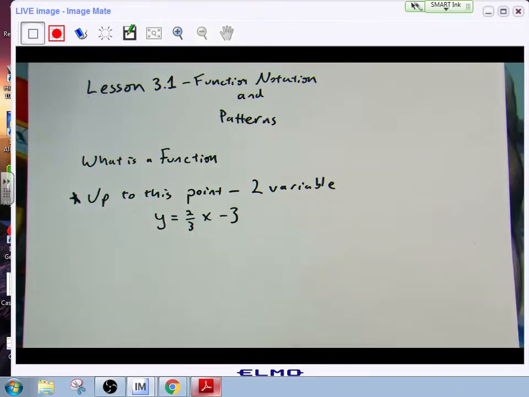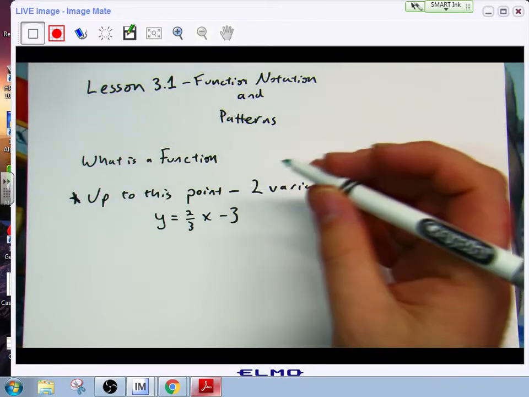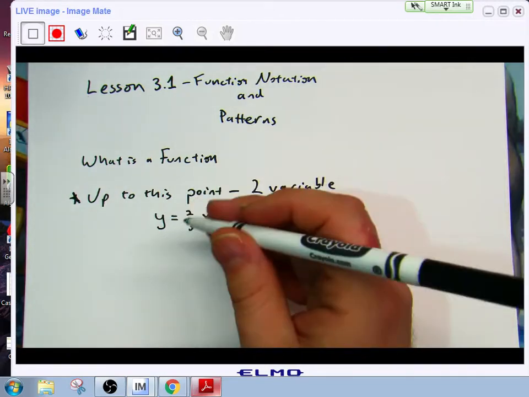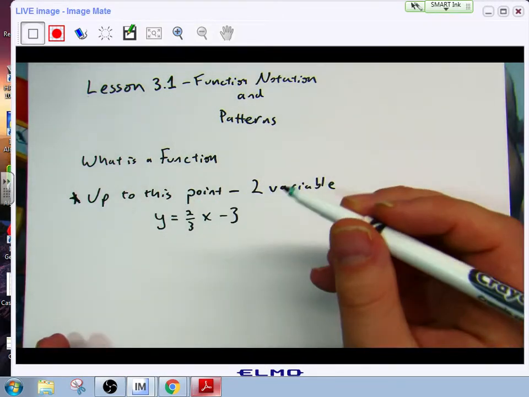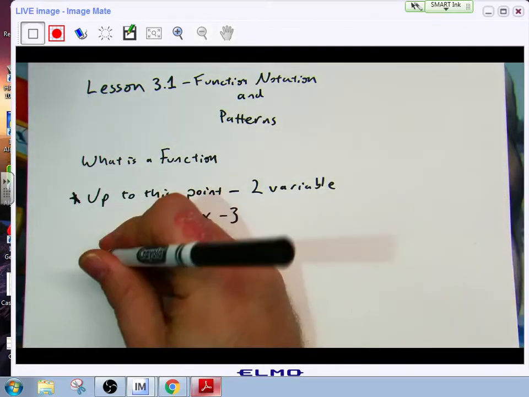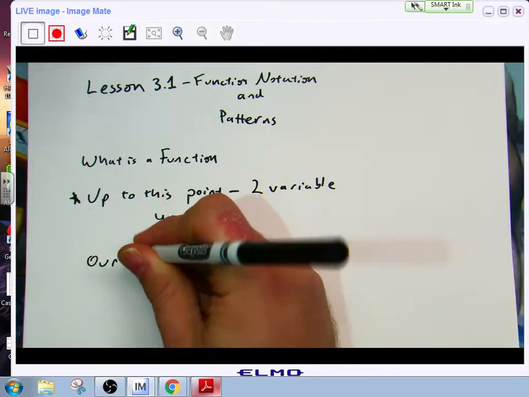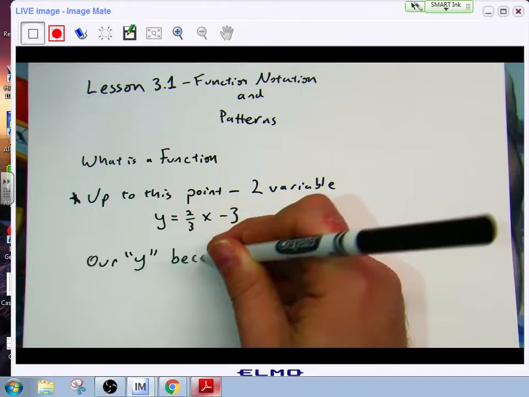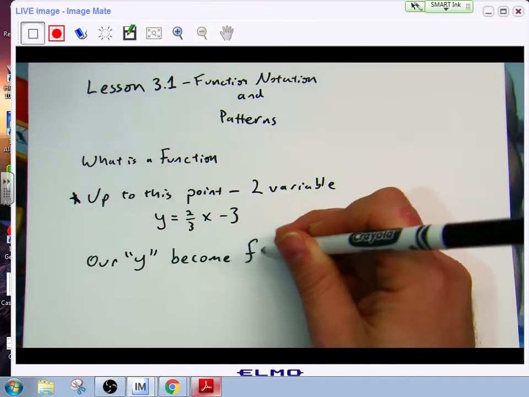A function is a two-variable equation, but instead of having y and x, our y becomes f of x.